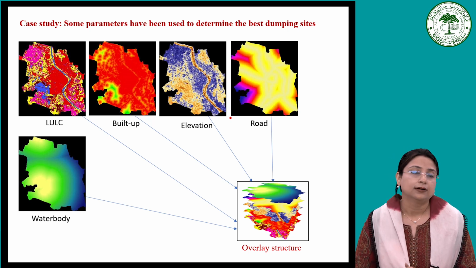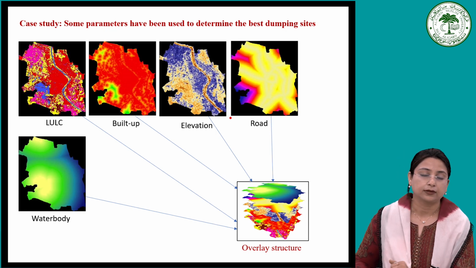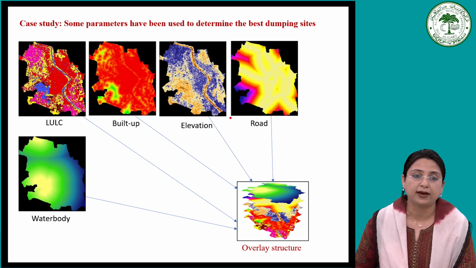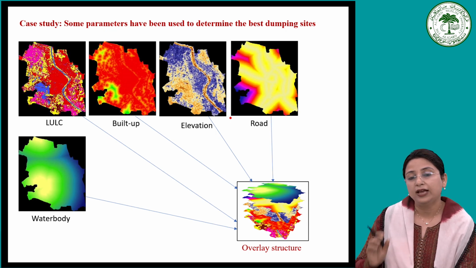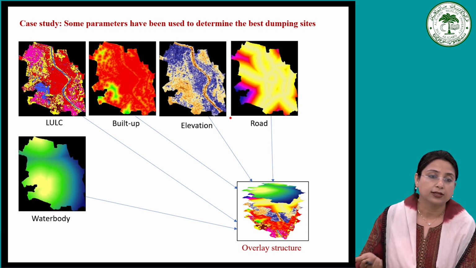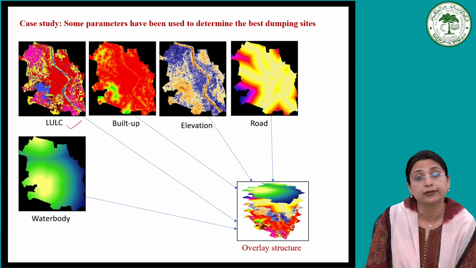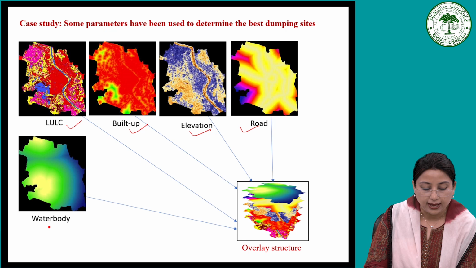Coming to a few of the case studies, some parameters have been used to determine the best dumping site. We have to locate the ideal region for the best dumping site. Here land use, land cover is one of the factors to be considered, along with built-up area, elevation, road and water body.